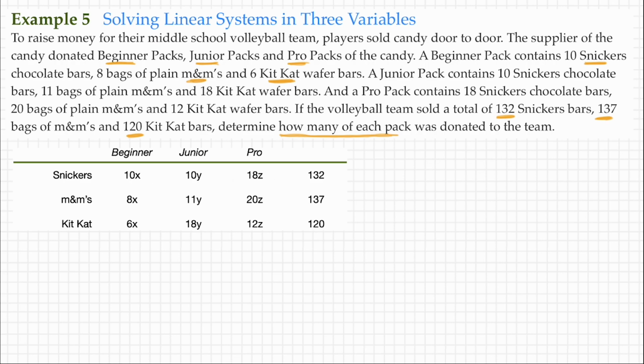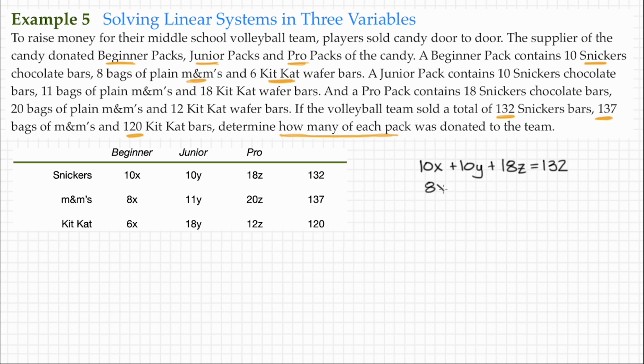And now that we have that information, we can go ahead and build our system of linear equations that's going to model this scenario. So we'll have 10x plus 10y plus 18z, that's equal to 132. Remembering that x is the beginner packs, y is the junior packs, and z is the pro packs.